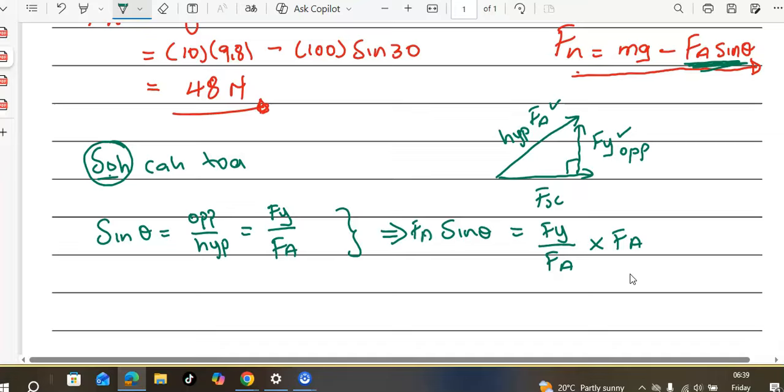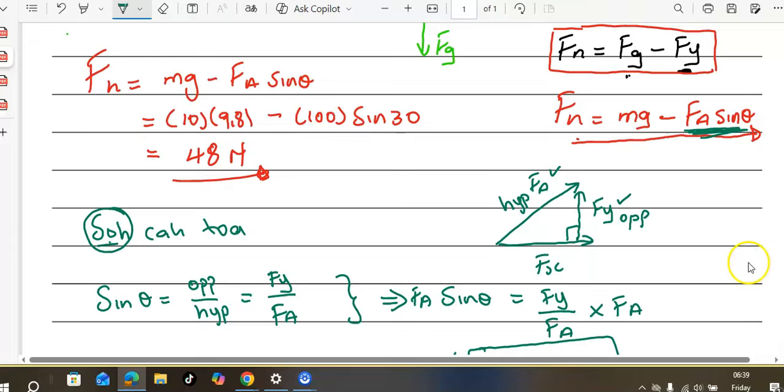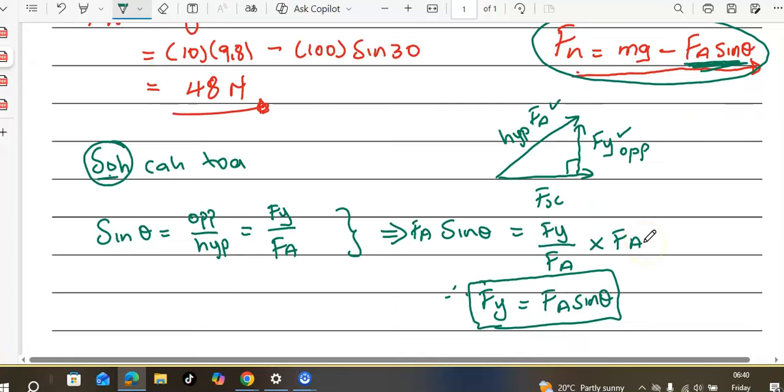Therefore, Fy is equal to Fa sine theta. It's very important that we memorize this so that we can save time in an exam. In an exam, we just have to know that this is the formula we use to calculate the normal force.